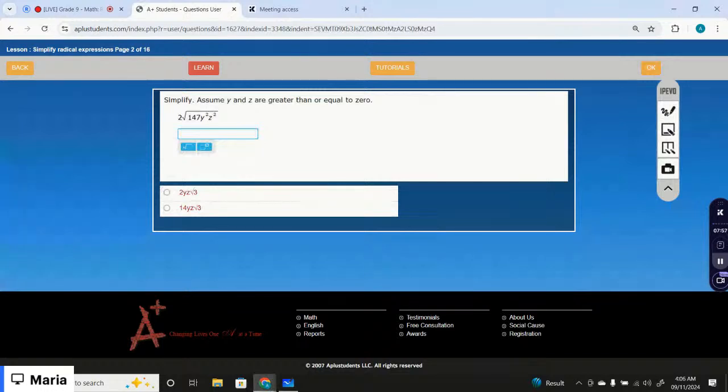Okay, the next one is 2 square root 147 y square z square. So 147, right?